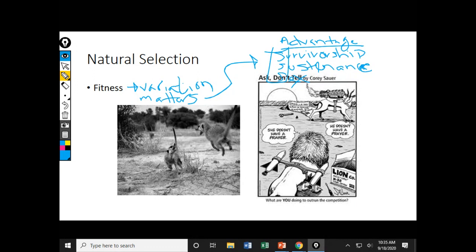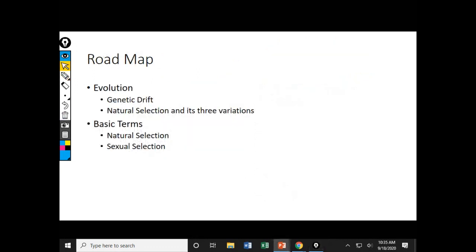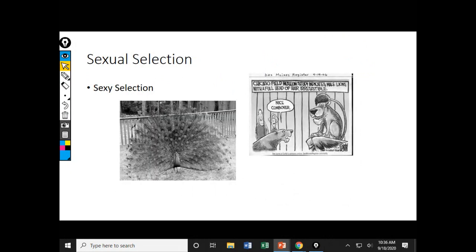So we just got done talking about sex, so let's talk about sexual selection. Because while it fundamentally follows all of the same rules, it is a little bit different. Sexual selection is a cruel mistress. So it needs all the same pieces, variation and inheritance, but its fitness piece is a little nasty.